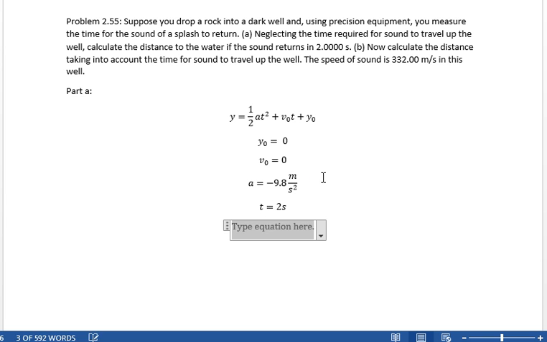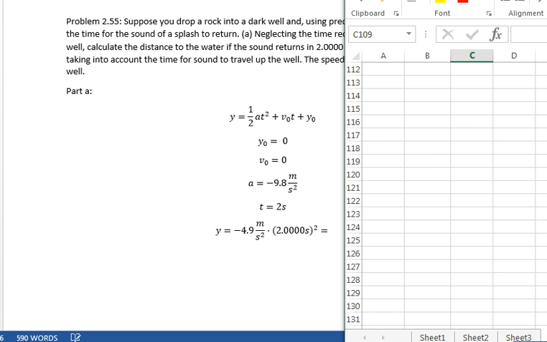That tells us that the distance it fell is minus 4.9 meters per second squared times 2.0000 seconds squared.